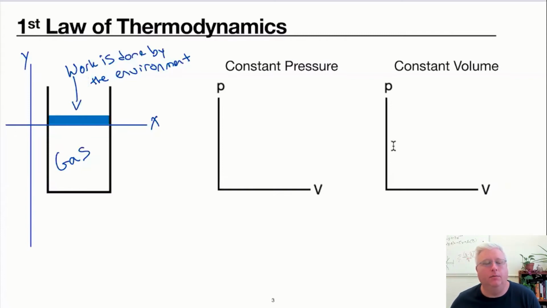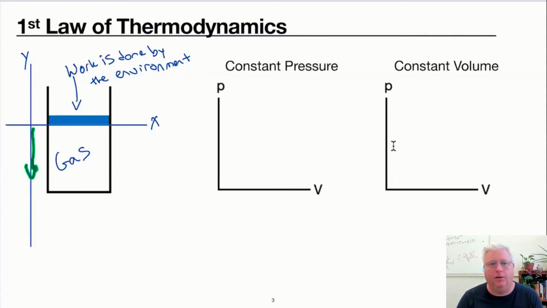And so what we see is by thinking of the X and Y axis in this way, is that if the piston moves up, okay, and the work from the environment points down, it's pointing in the negative direction. Okay, so the work we would say is negative, right, if the gas is expanding.